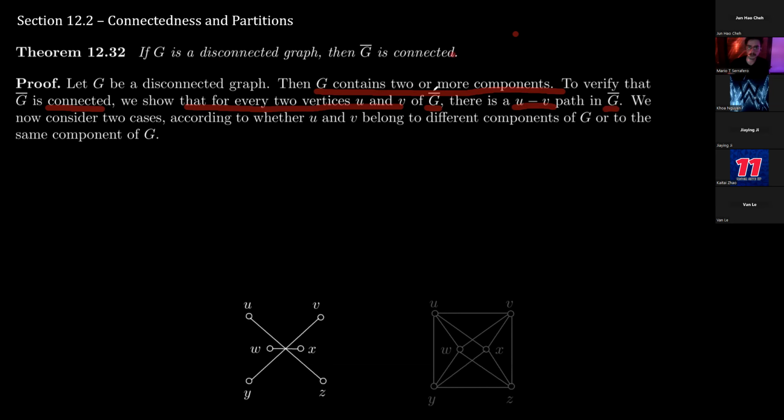It could also be U and V of G because they share the same vertices. So what this is saying is, this is disconnected, so we want to show that for every two vertices here, there is a path in this complement graph. That is what we want to do.